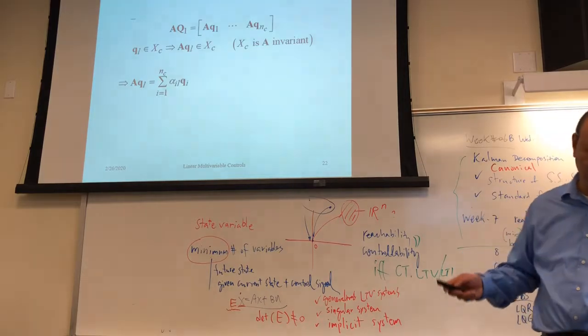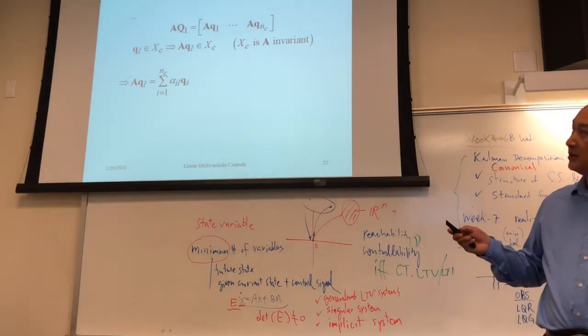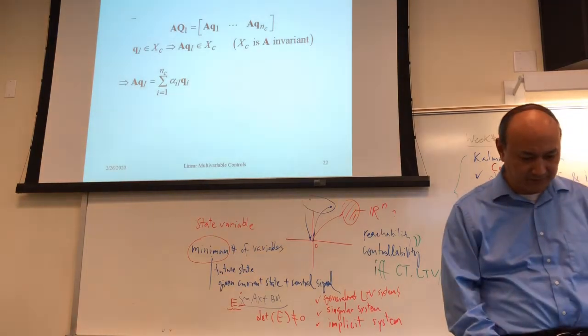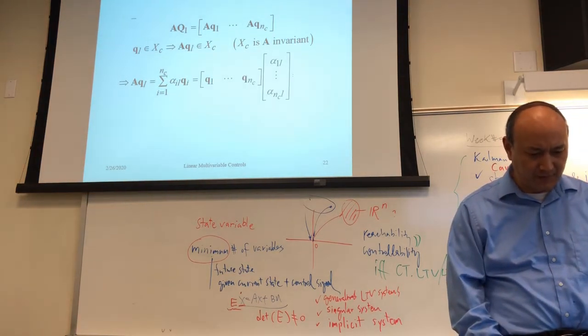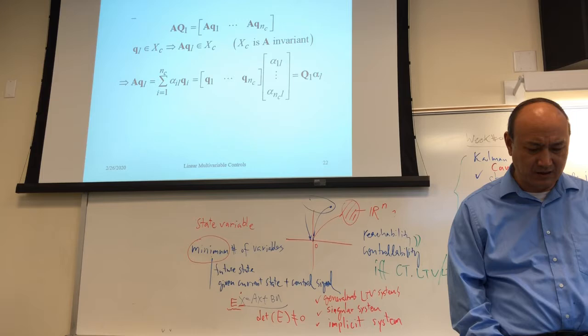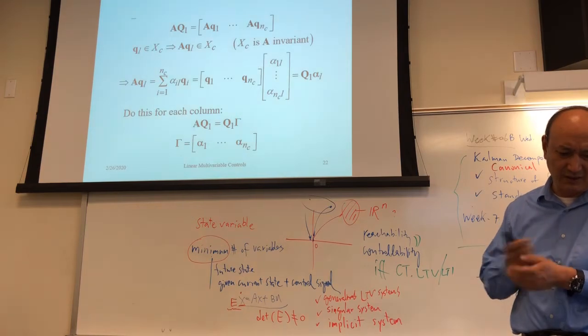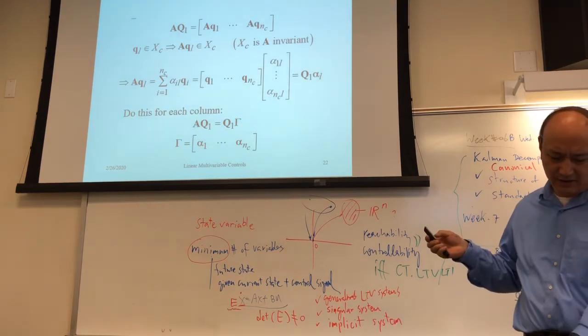So AQL, any of these, you have the linear combination of the rest of them. Is Q1 alpha L. So you do every column, you end up with gamma, you obtain the gamma.